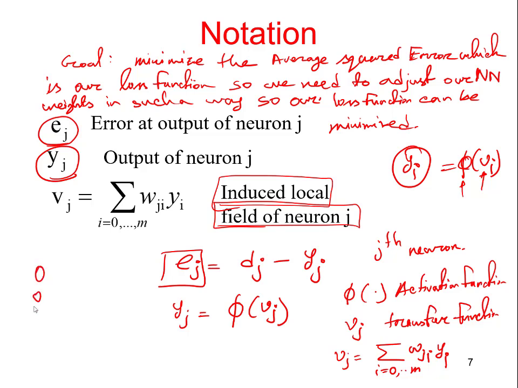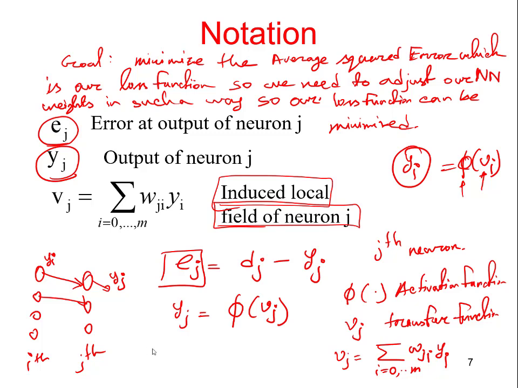So we can consider this as the ith layer and these as the jth layer. These outputs are considered as Yi, and these outputs are considered as Yj. I am trying to depict these things in the picture. These are the main notations that we are carrying out.